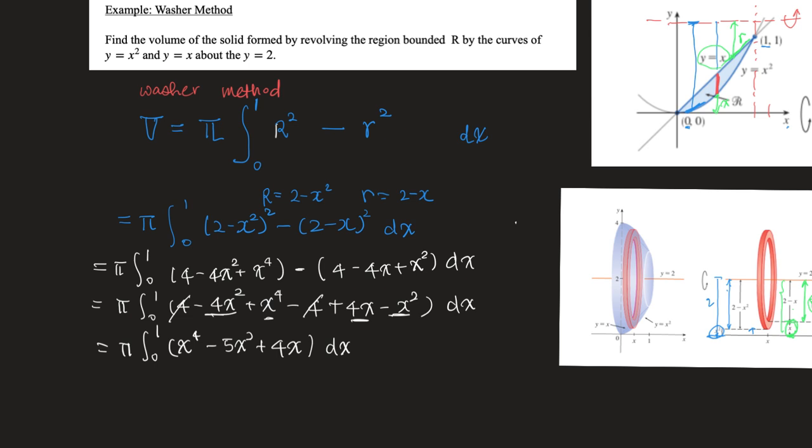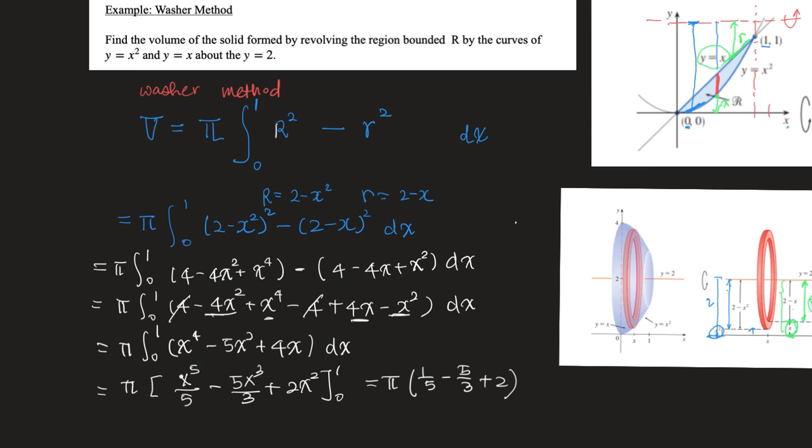Now let's find the antiderivative. What do we have here? Pi times x to the fifth over 5, minus 5x cubed over 3, plus 2x squared, from 0 to 1. So pi times (1 over 5, minus 5 over 3, plus 2).